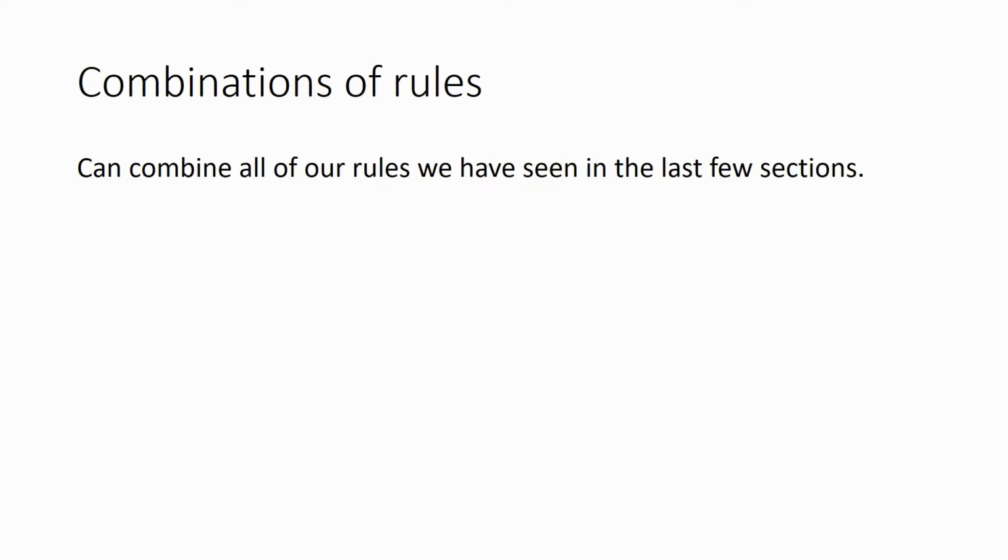Now what we can do in these last few slides is combine all of our rules and deal with very complex functions. So we can find the derivative of very complex functions by combining lots and lots of our rules.